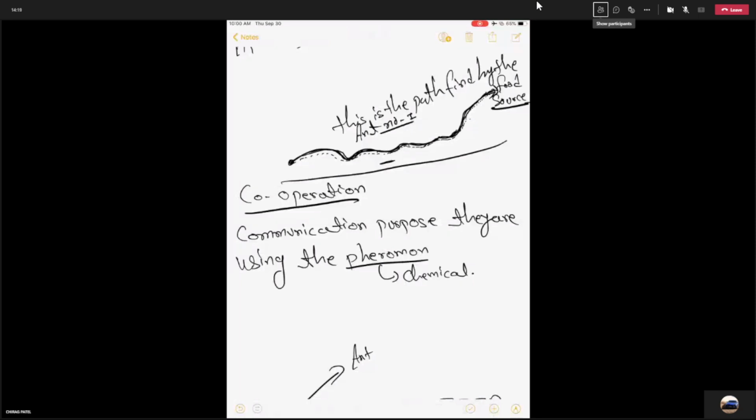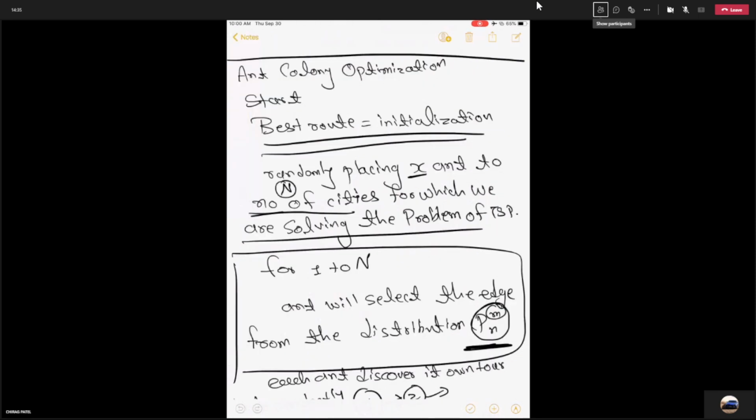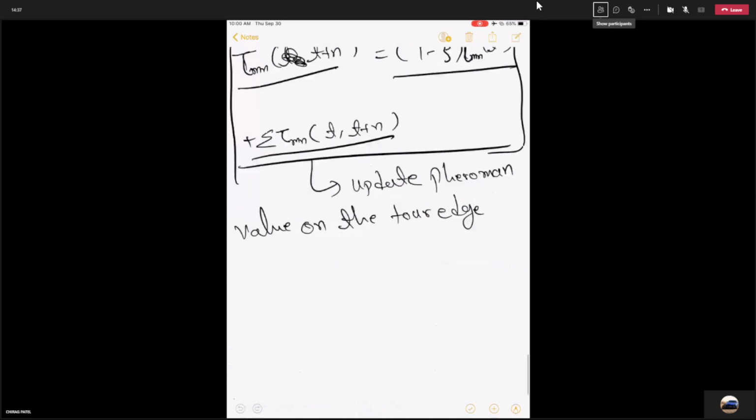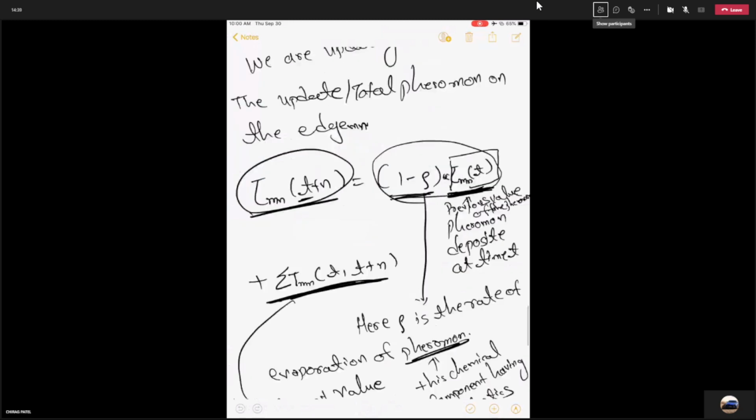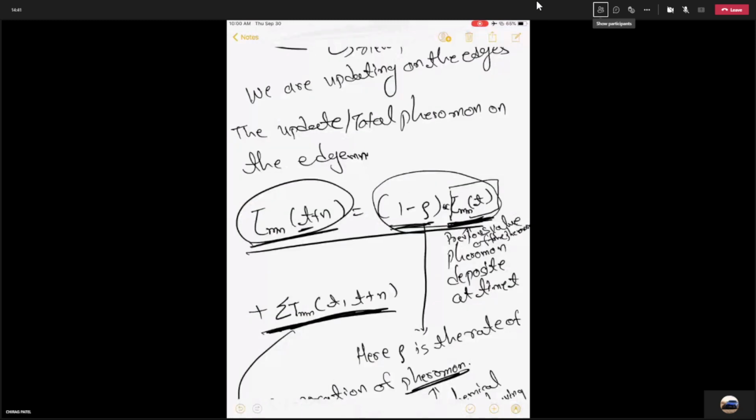Ant number 1 discovered the route at time instant t. After that, by t plus n, n ants have already visited that route, so definitely they also need to deposit the pheromone. That's why we derived this equation, to update the value of the pheromones on the edges of the tour.